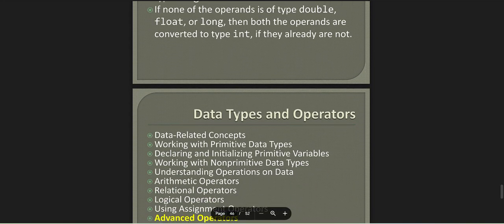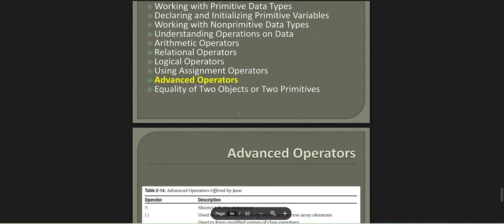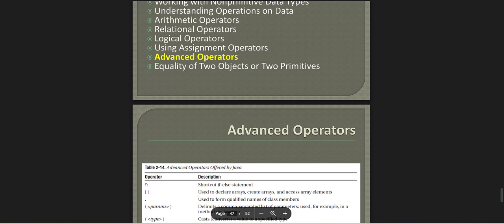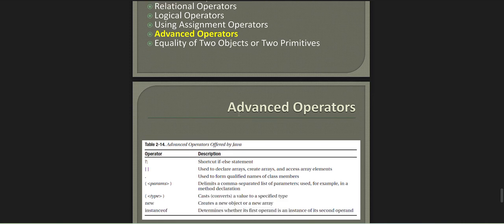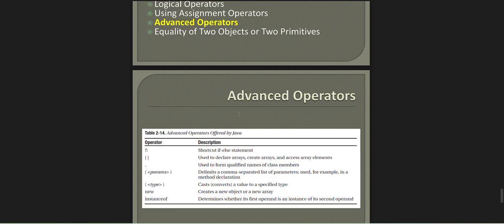Data types and operators, advanced operators. The shortcut if-else operator. The square bracket is used to declare an array, create an array, and access an array element. Parentheses delimit a comma-separated list of parameters, used for example in a method declaration. Cast converts a value to a specific type. The new operator creates a new object or a new array.